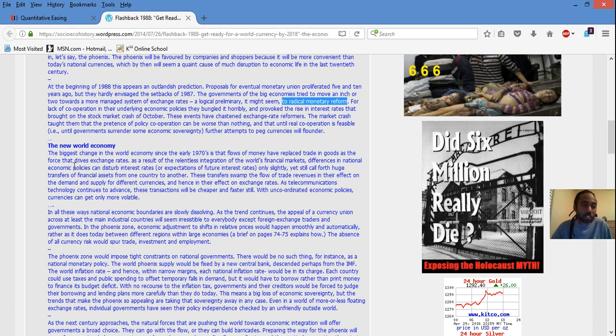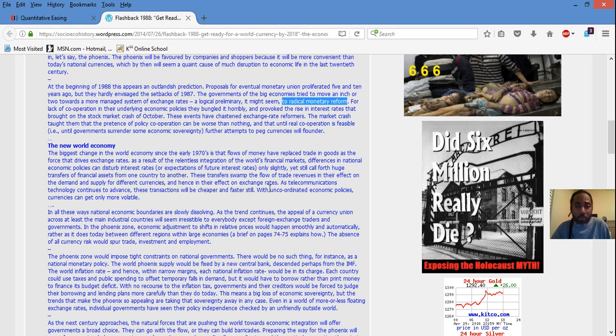Let's continue with the article. It says, the new world economy. The biggest change in the world economy since the early 1970s is that flows of money have replaced trade in goods as the force that drives exchange rates. As a result of the relentless integration of the world's financial markets, differences in national economic policies can disturb interest rates or expectations of future interest rates only slightly, yet still call forth huge transfers of financial assets from one country to another.